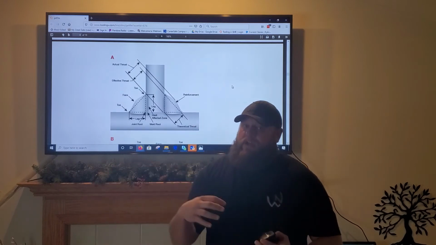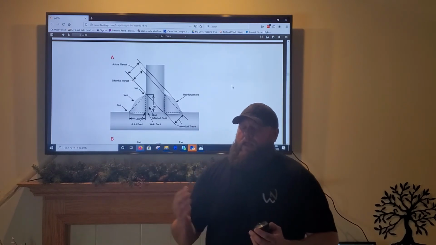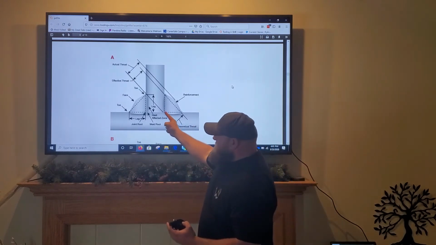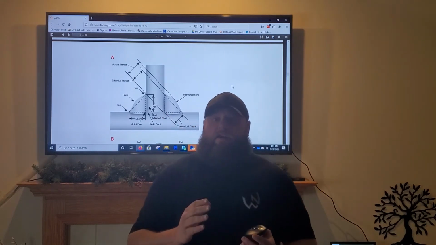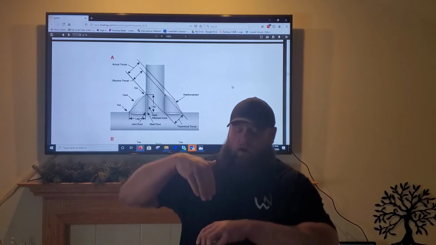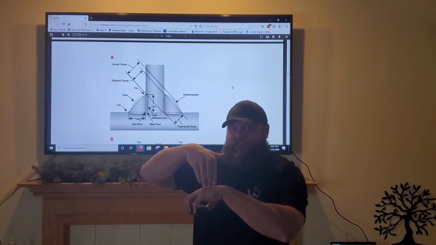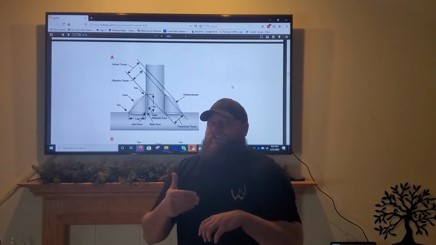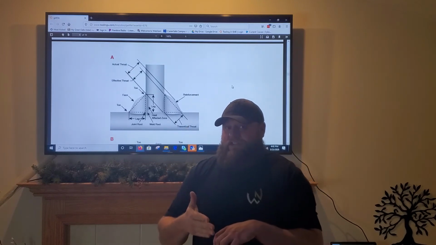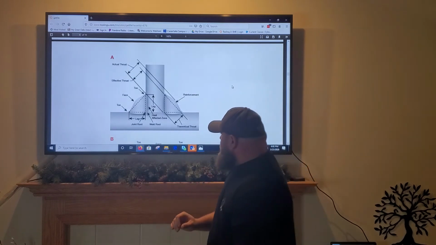That weld root is that penetration into the root itself, okay? That penetration, that weld root, extends past the joint root. The joint root is basically what you can see, that 90-degree angle, that perpendicular joint that comes together. You can physically see that in the T-joint before you weld it. In order to see the weld root, you would have to cross-section that T-joint to see the weld root portion, okay?